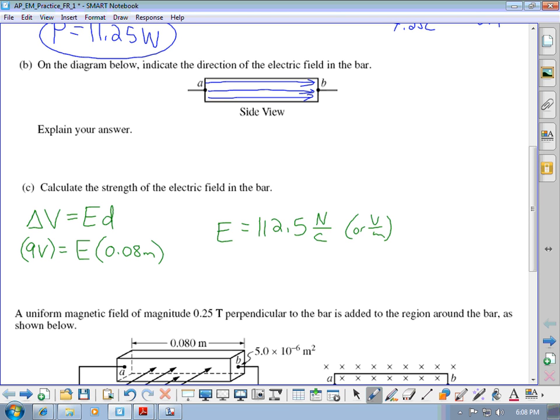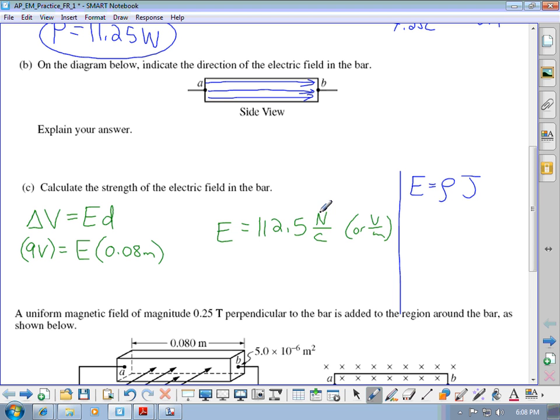Again, they do also give you on the AP formula sheet that the electric field is the resistivity times the current density. So again, if you look at the equations that are on there, you could use that one. They gave you the resistivity here.